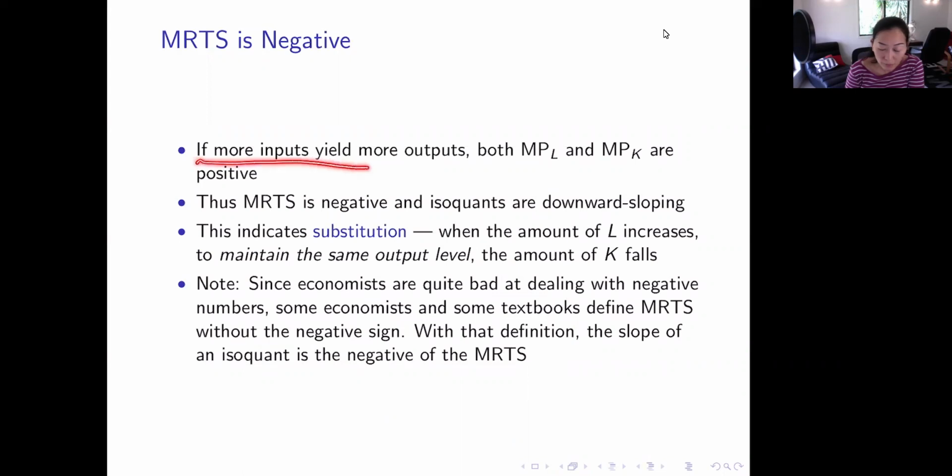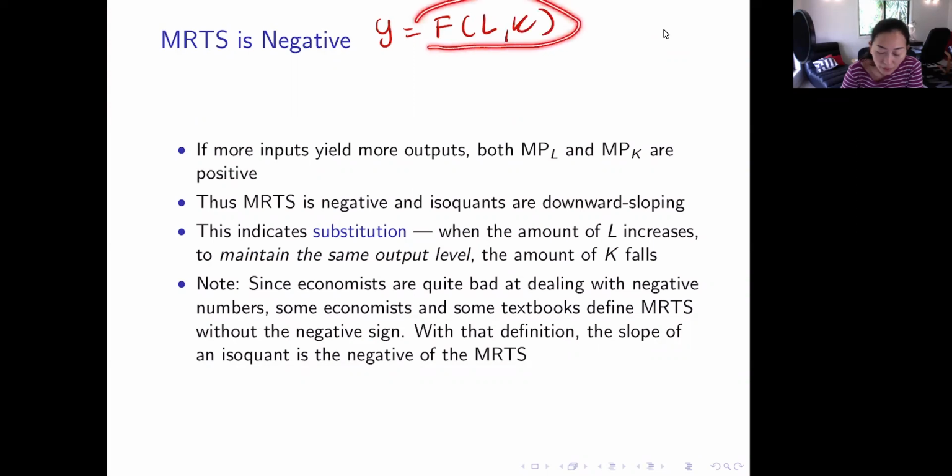Next, if more inputs yield more output, right, then both MPL and MPK are positive. MPL and MPK, remember? MPL is the derivative of this production function with respect to L, right? So if MPL is positive, that means that when L increases, output would increase, holding K constant. And MPK is positive.